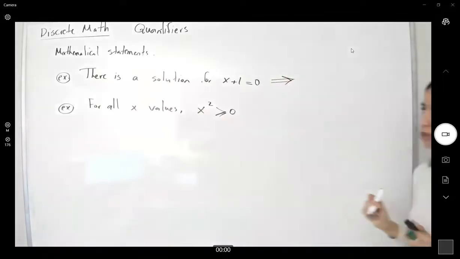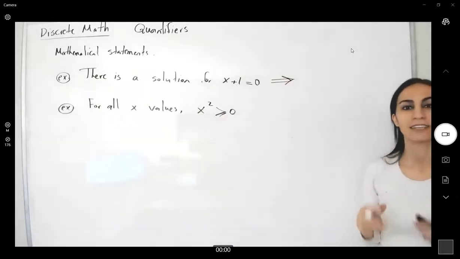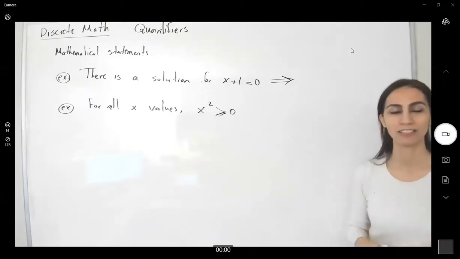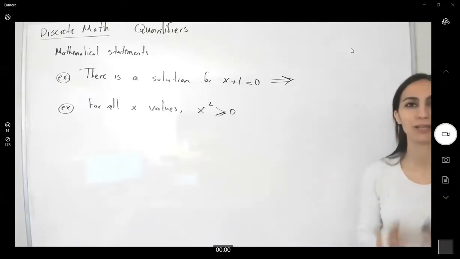There is, there exists, uses a quantifier that we call the existential quantifier.